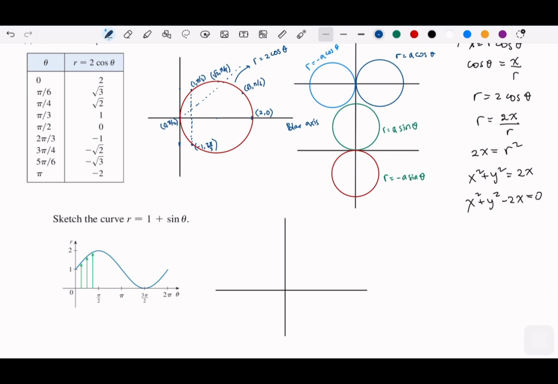Okay, so 1 is here. This is 0, 1. And then pi over 2 is 2 here. So it should be a 2, pi over 2. This one.